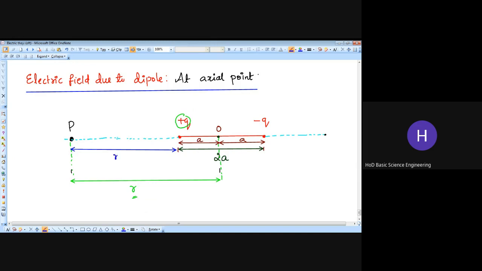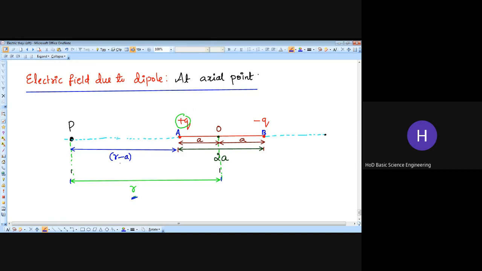Yes, that will be r minus a, correct? So from point P to midpoint, the distance is r. If you want, you can name these points A and B. So from A to O the distance is a. Therefore the distance PA is r minus a.